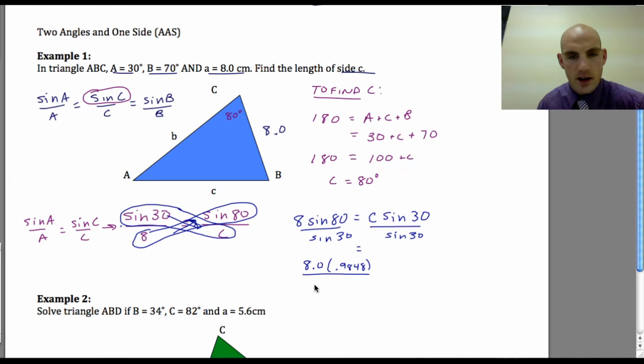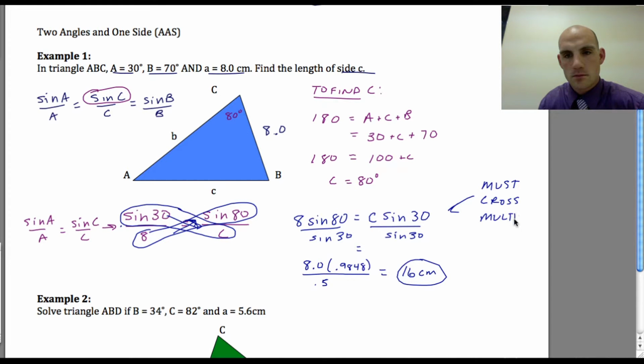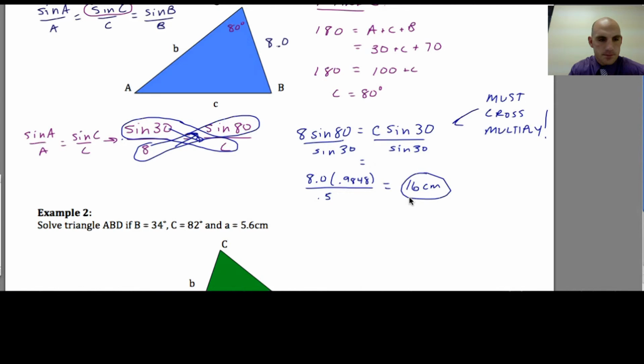And we have that over 0.5. When I do that calculation, I end up with 16 centimeters for C. Key piece here, you must cross multiply. Okay? Let's move down to the next example.